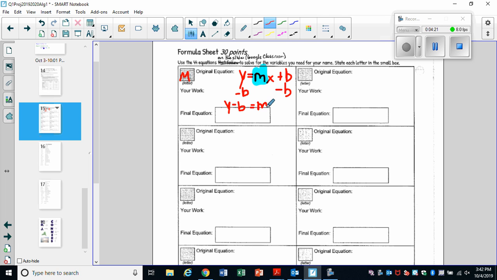The next step is we want to still get the M by itself. If you need to highlight it, you can. We need to divide both sides by the variable x. So in the end, you have y minus b over x is equal to m.